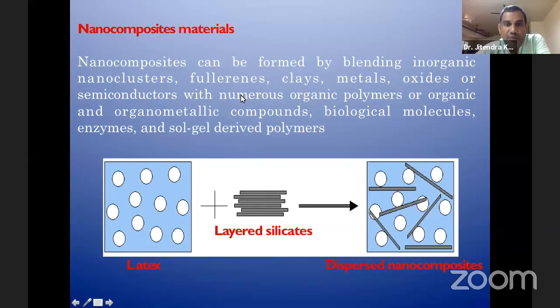Whatever material, you just mix it in that particular matrix. So you can see here how it looks, these dispersed nanomaterials in that particular composite material.